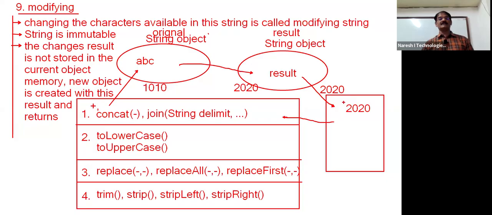If you don't store this returned result in the program, the result will be gone and you will always get the original data. Now what is the conclusion?